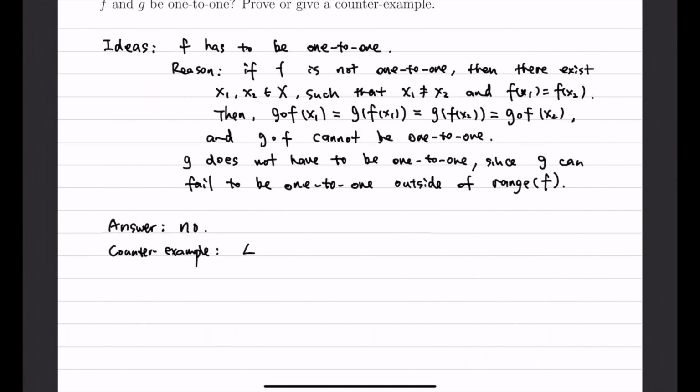So in this counterexample, let X be the set of real numbers that are non-negative, so including 0. And we let the set Y and the set Z be the set of real numbers.